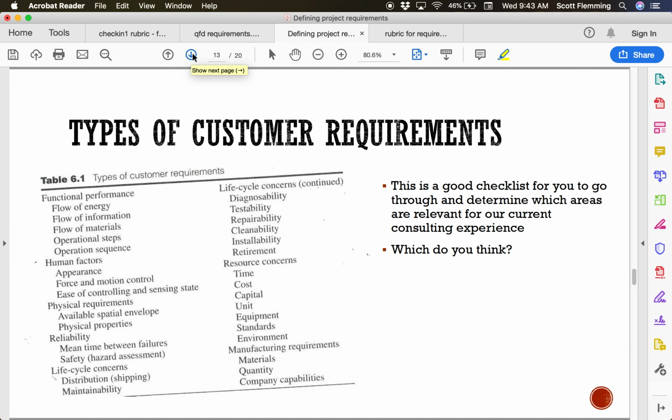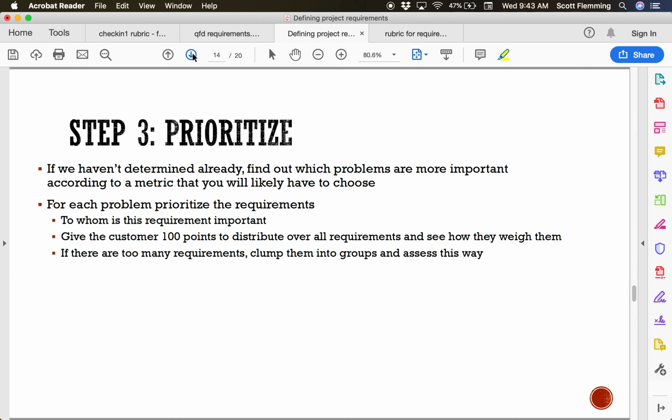Now you know what your key issues are. Then you start to use the terminology of requirements, and you write down particular requirements. Then you're trying to figure out which requirements are the most important.